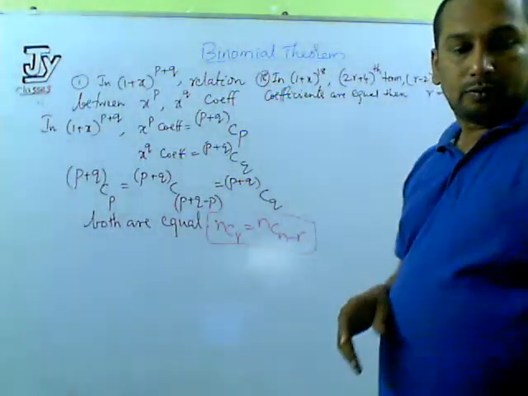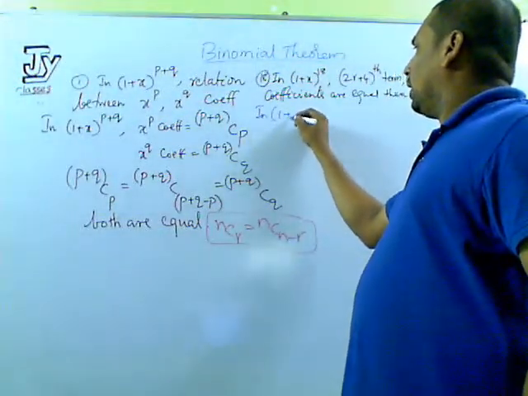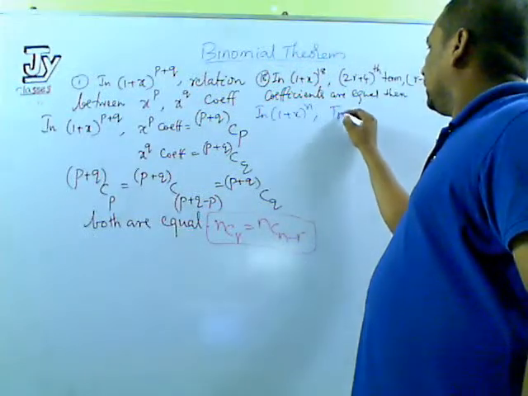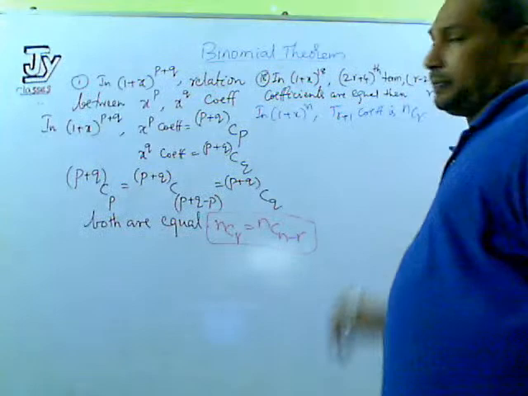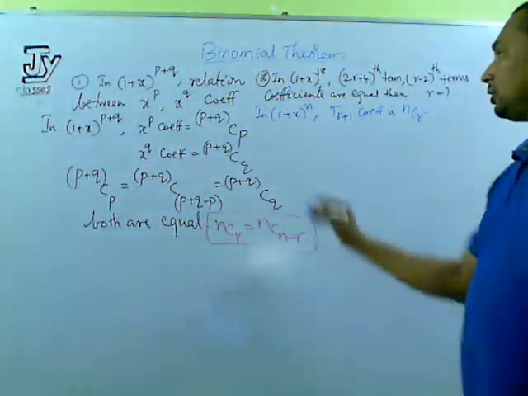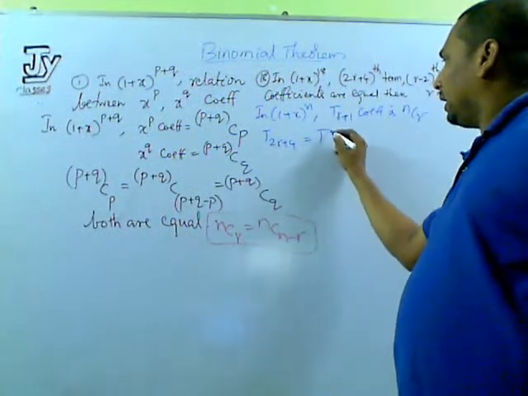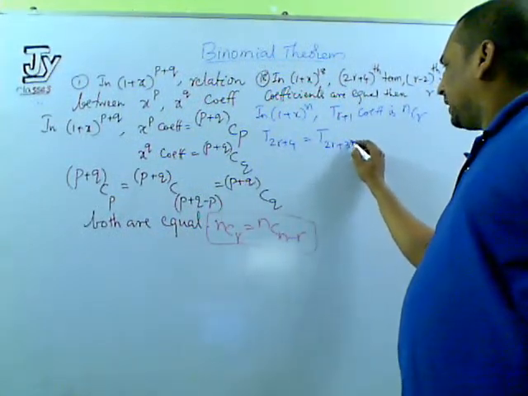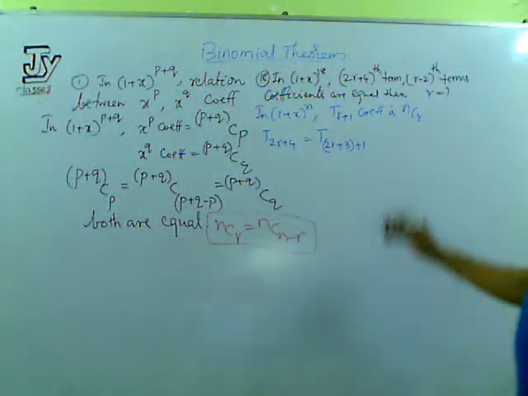So the formula we have to use: in (1 plus x) whole power n, the t(r plus 1) coefficient is nCr. So t(2r plus 4) can be written as t(2r plus 3 plus 1). Its coefficient is 18C(2r plus 3).